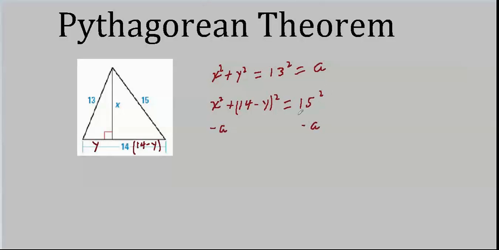Now, a equals 13 squared. So I can substitute 13 squared down here for a. Just cross that out. Minus 13 squared. But over here, I could also substitute 13 squared in here for a. But I don't have to. a is also equal to x squared plus y squared.